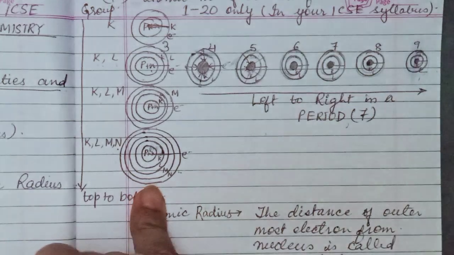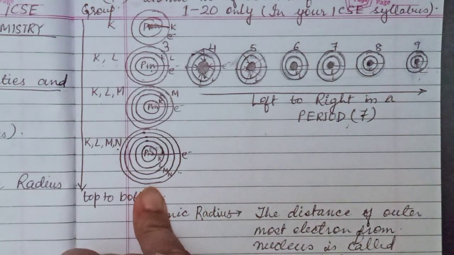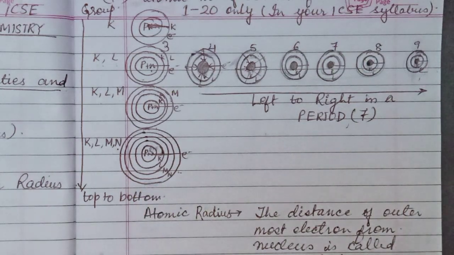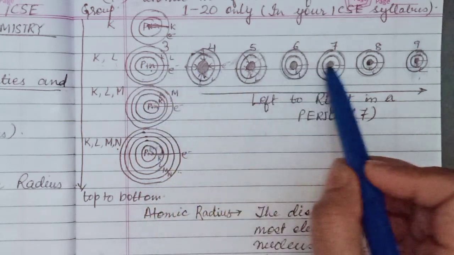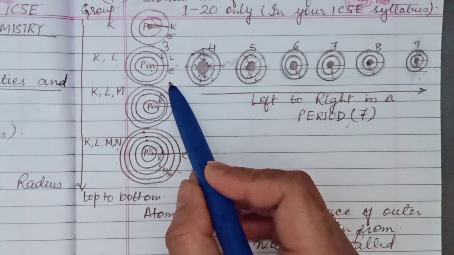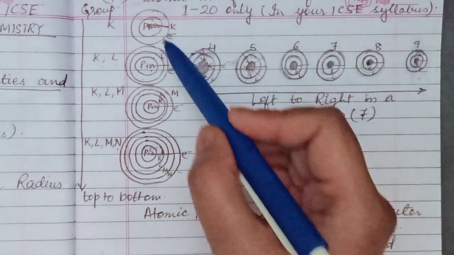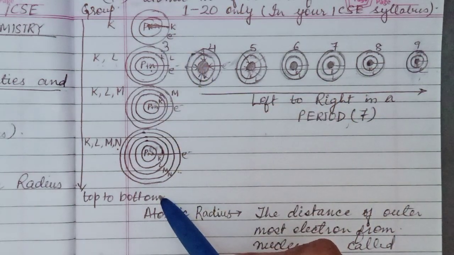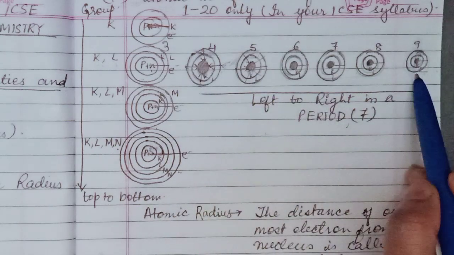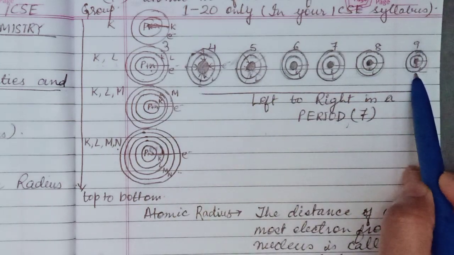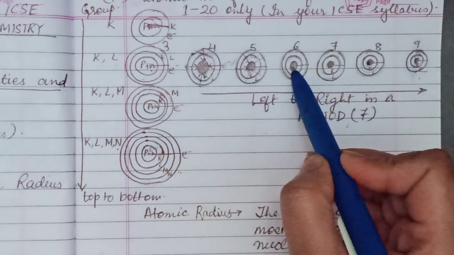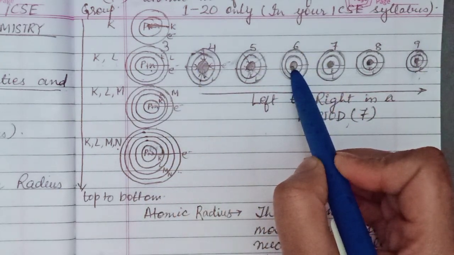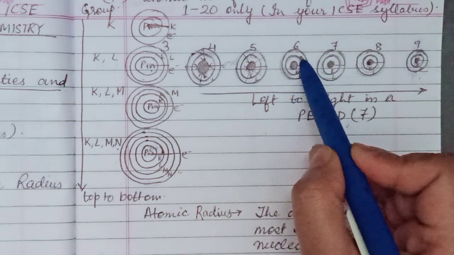One more time I am going to explain why atomic size is decreasing in a period. In a period, when we are moving from left to right, the number of shells will remain the same. In a group the number of shells is increasing, in a period the number of shells is the same. So what is happening here? The nuclear pull or nuclear charge is increasing due to the increase in the number of protons, and the number of shells is the same.